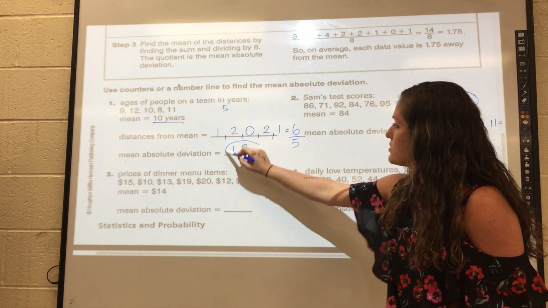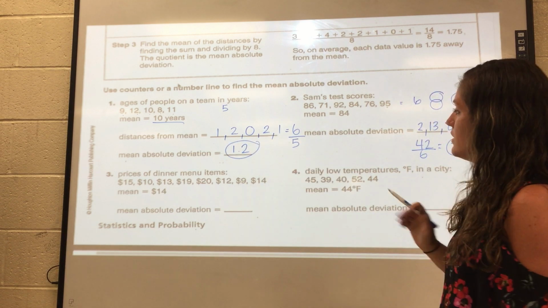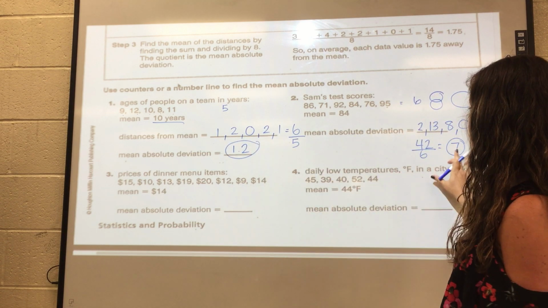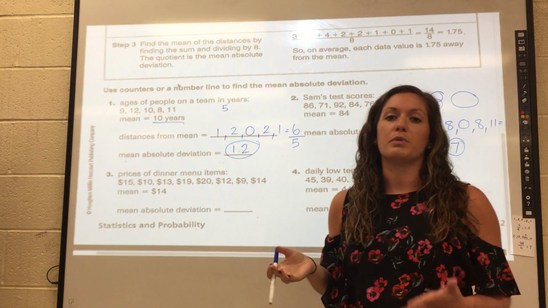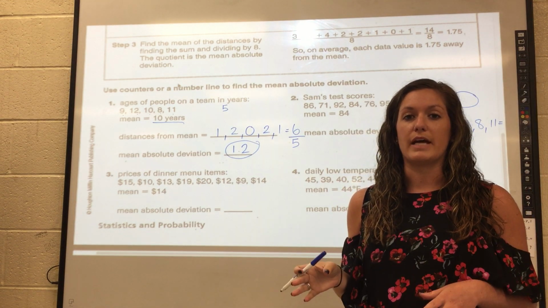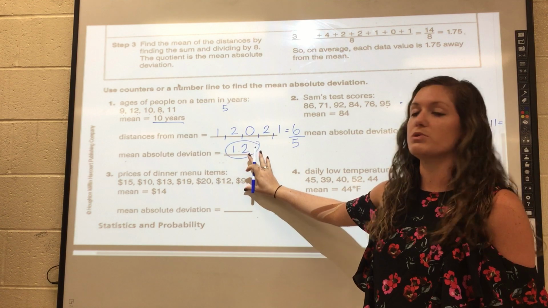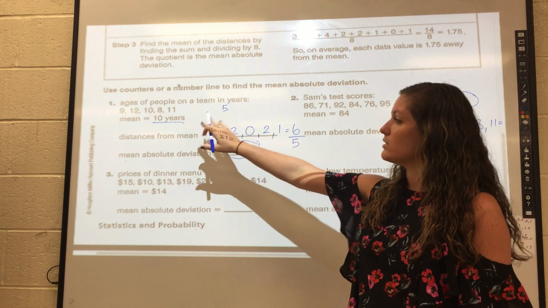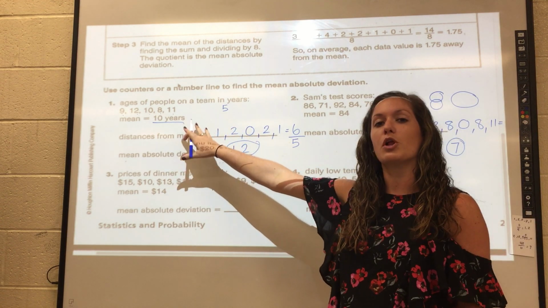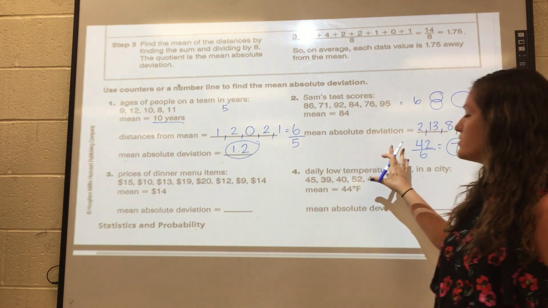So if we compare these two, the 1.2 and the 7, we can then start to compare the mean absolute deviation between data sets. You can see that this 1.2 is much smaller, which means that the numbers in this data set were much closer to the mean than in this other data set.